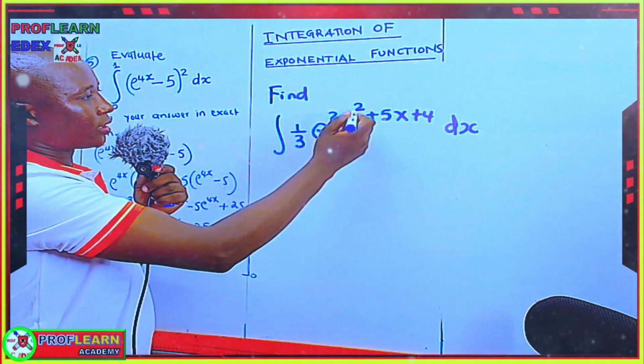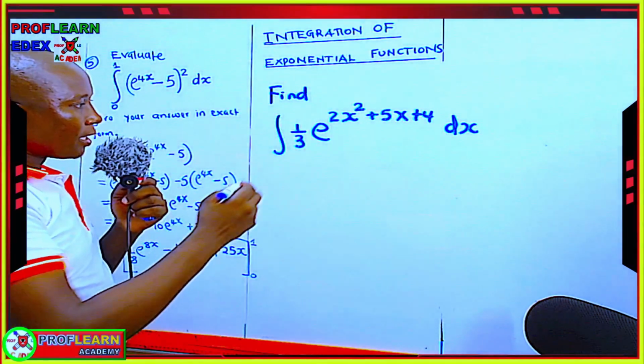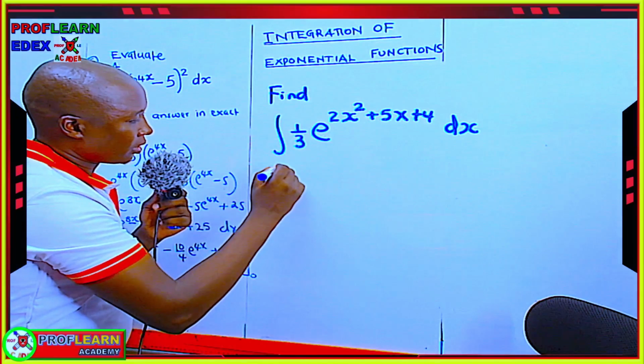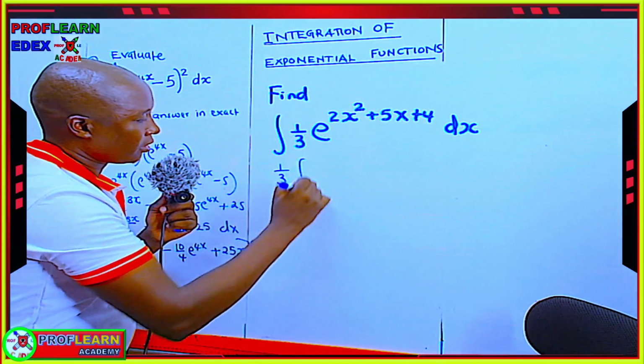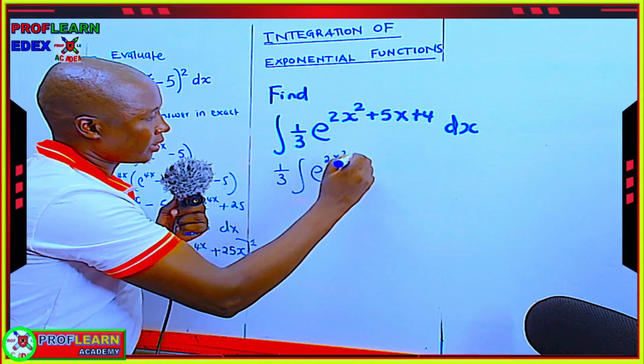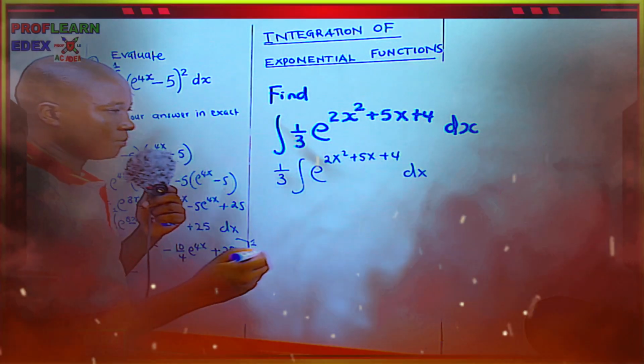Next, e to the 2x squared plus 5x plus 4 with respect to x. Now, first we understand that we can take this constant out, and we shall have the integral of e to the 2x squared plus 5x plus 4 with respect to x.